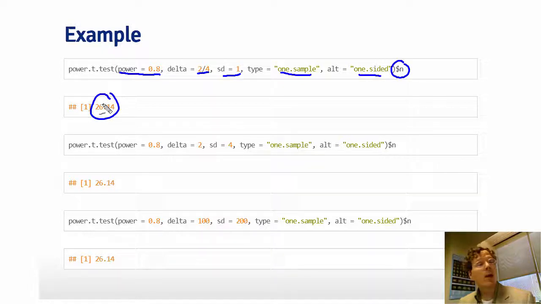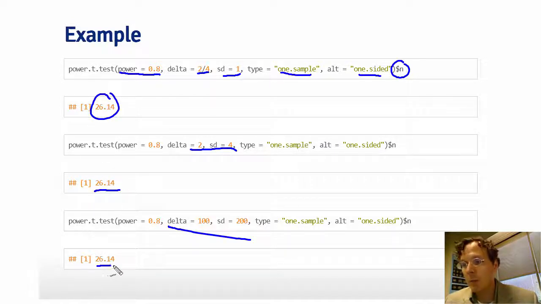So you need a sample of size 27 to have a power of 80% to detect an effect size as large as 0.5. And what I'm showing here is that the calculation is the same as I specify an equivalent effect size of 0.5, whether it's delta of 2 over 4 or delta of 100 over 200, it's always giving me the same number.